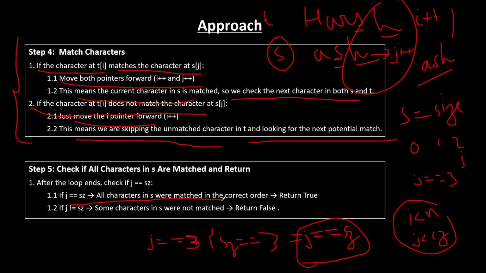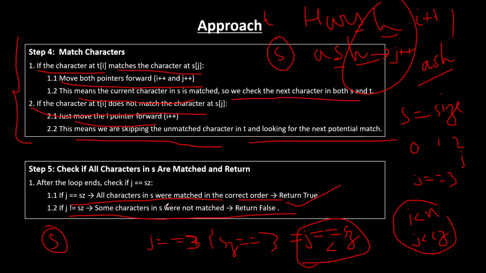All characters in S were matched in correct order, so we will return true in that case. But if J is not equal to SZ, which will be basically less than this, then we will return false, which means that we have not completely iterated the string S or subsequence S.